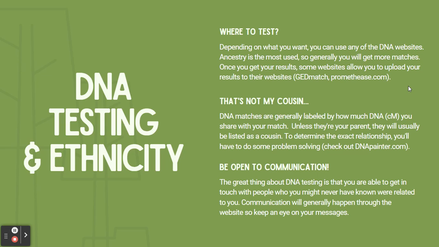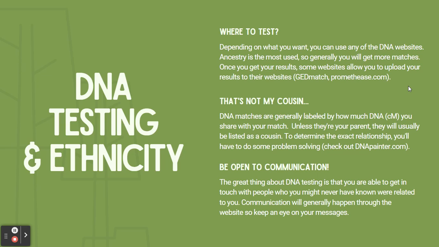Another thing is that when you're testing, unless the match is your parent, they're probably going to show up as a cousin. That's what Ancestry or any of these websites kind of predict. So they're labeled by how much DNA you share with your match. So like I said, unless they're your parent, they'll usually be listed as a cousin.